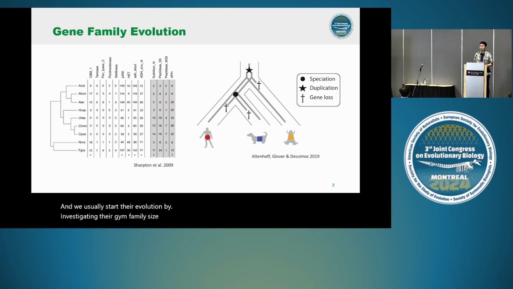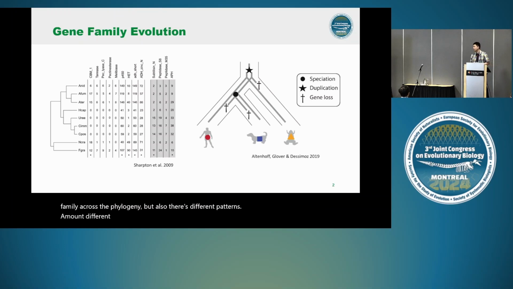Here on the left is an example from the work of Sharpton in 2009, in which he estimated the gene family size in several fungi taxa. And you can see that there is considerable variation, not only in the family size within one gene family across the phylogeny, but also different patterns among different gene families.